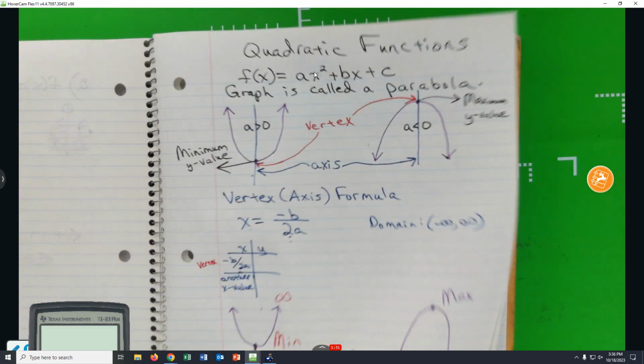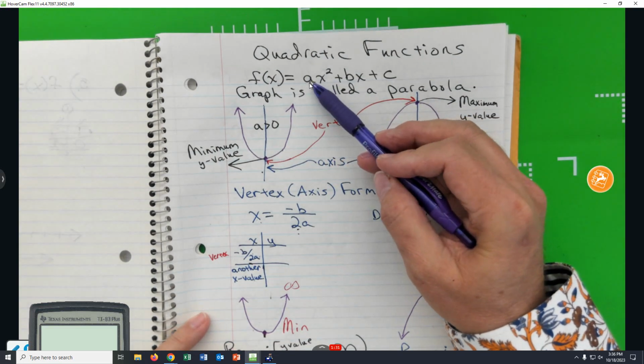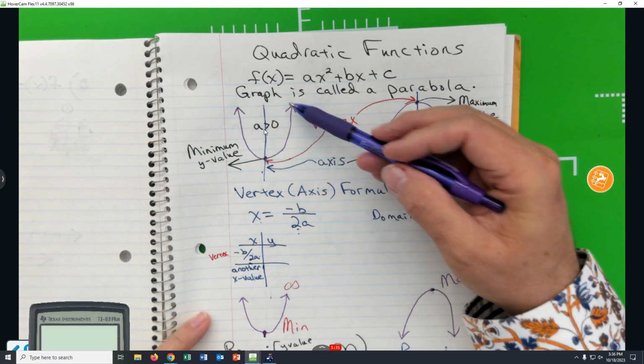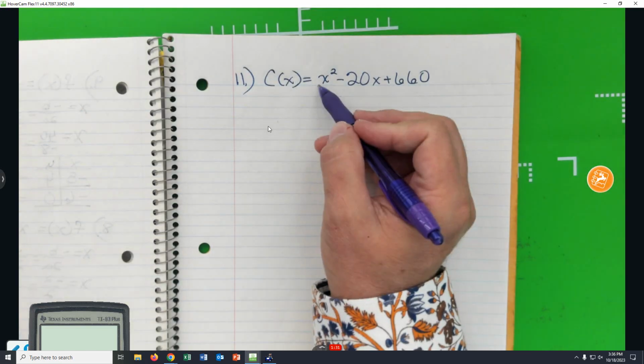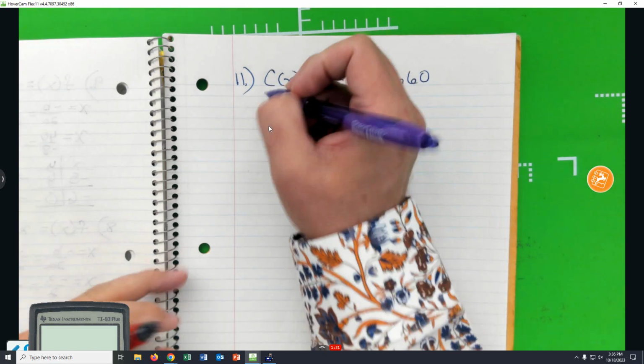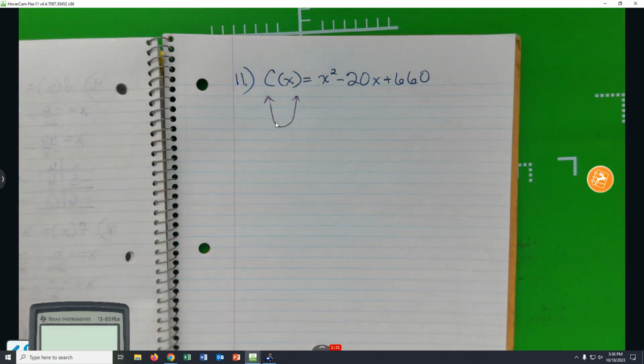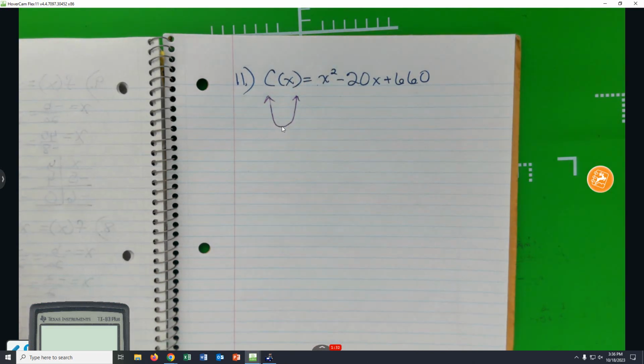Okay, remember we said if the leading coefficient, if the number in front of x squared is positive, it's opening upward. I don't see a number there, so I assume it's a positive 1, so it's going to open upward. If it's opening upward, what does it have, a maximum or a minimum?